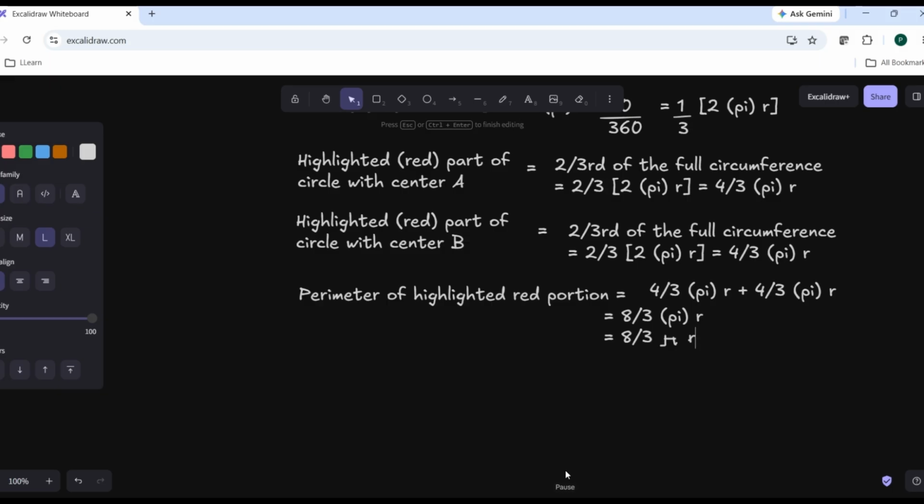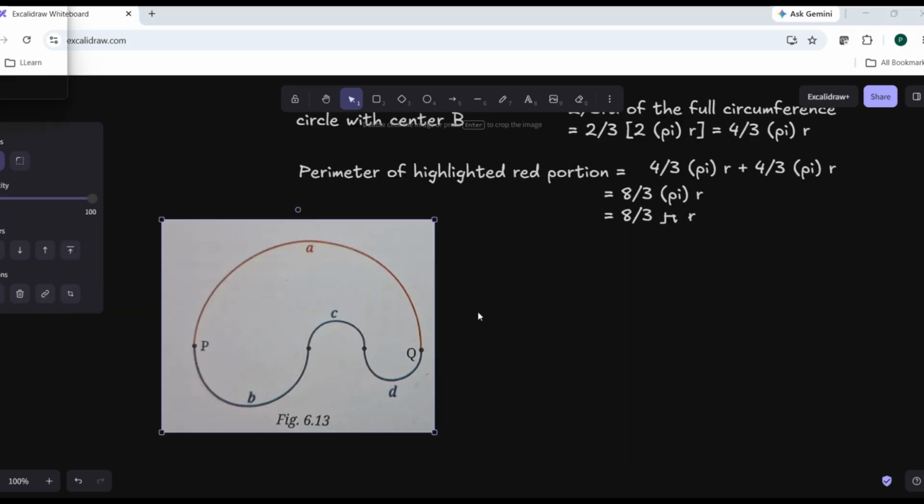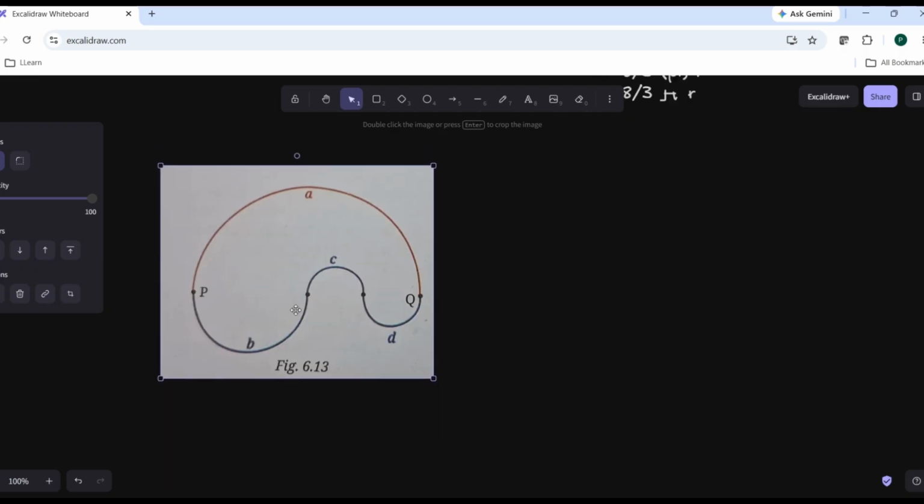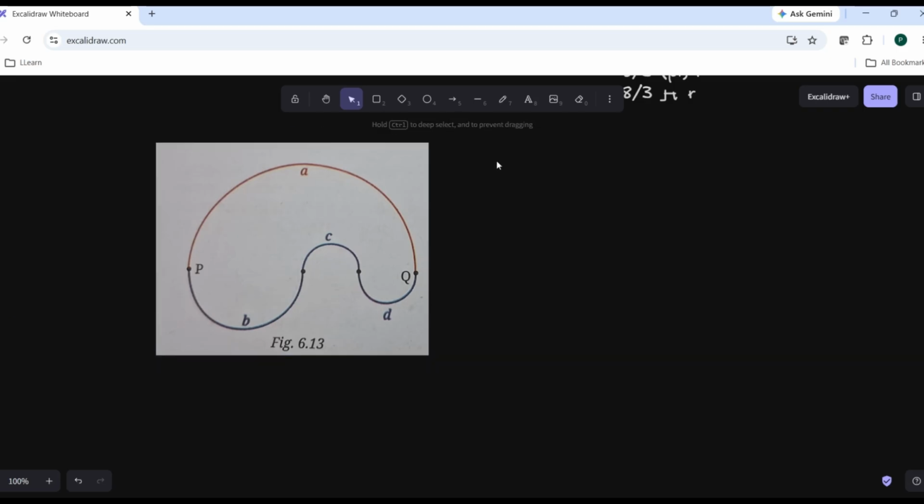So this is the diagram given for the second example. I'll write it as example 2.